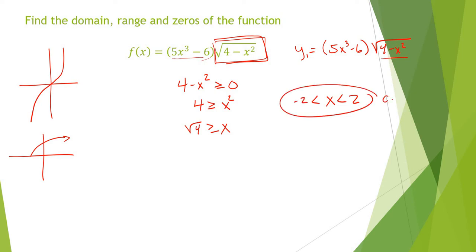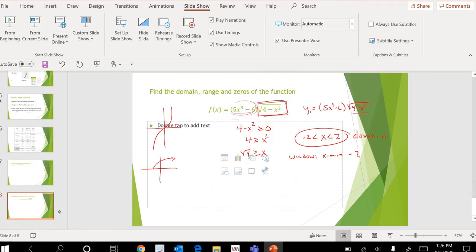So that's my domain for the second half. This part should not restrict my domain, so that should be good for my domain. So let's go into Window and make my x min negative 2. You might even want to make it negative 3 just so that you can see the whole function really well. Let me go back, sorry.